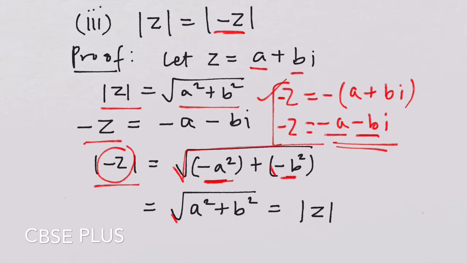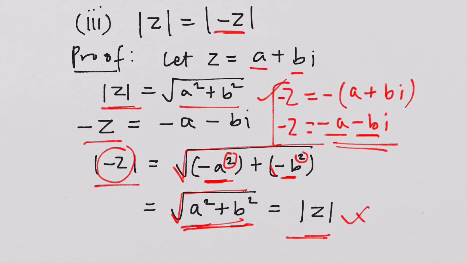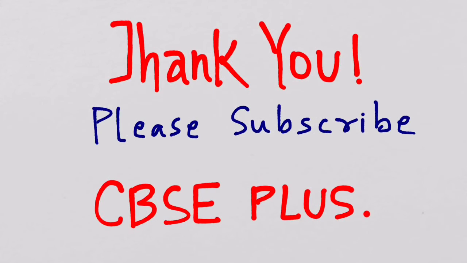So finally we cancel the negative because square is involved here. So square cancels the negative in both the real part and the imaginary part, and we get a square plus b square. Modulus of minus z is giving the same value that is given by modulus of z. So these are the three properties.